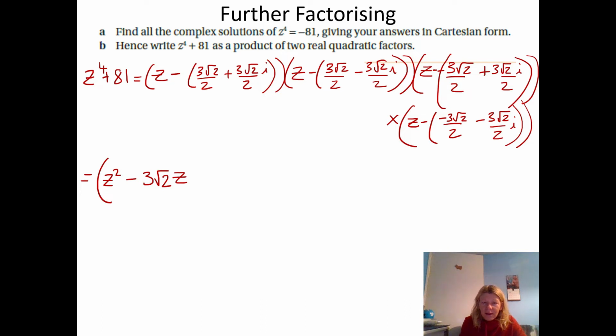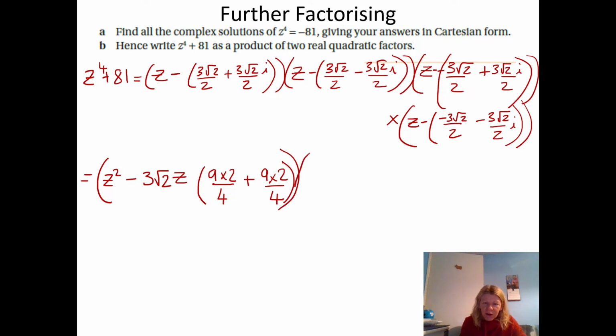That's the middle term, and then you get that times that. That times its conjugate friend means we get that squared plus that squared, so 9 times 2 over 4 plus 9 times 2 over 4. That's horrendous, but that's what you get.